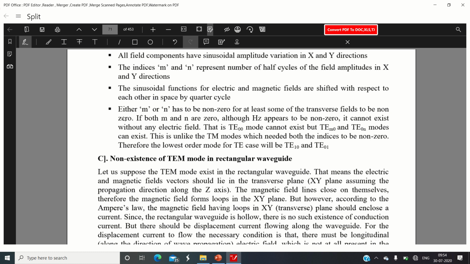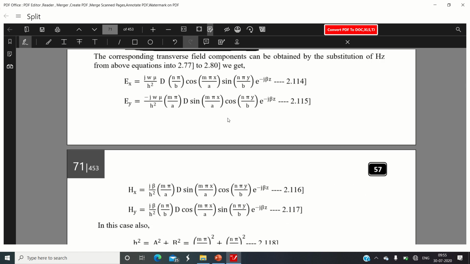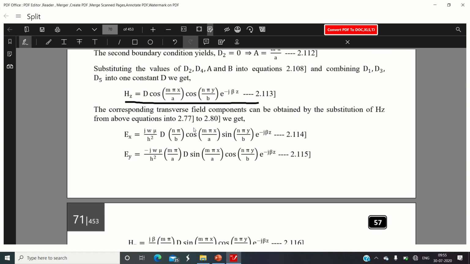Now, the next important observation is that either m or n has to be non-zero. Okay. So here if you observe, if I put m equal to 0 in this particular equation, the Hz equation is non-zero, right?